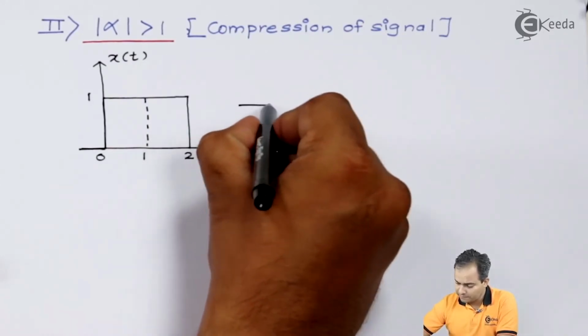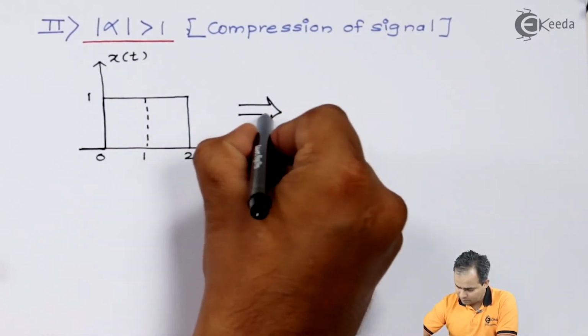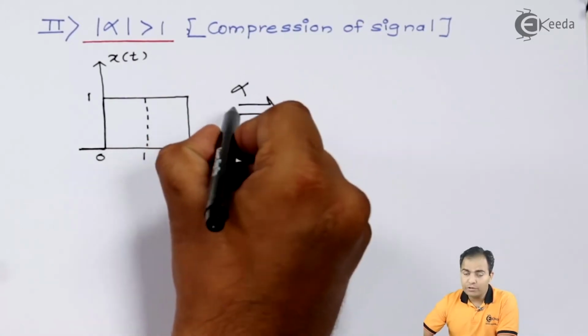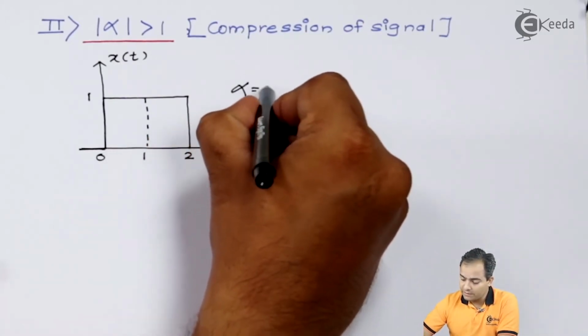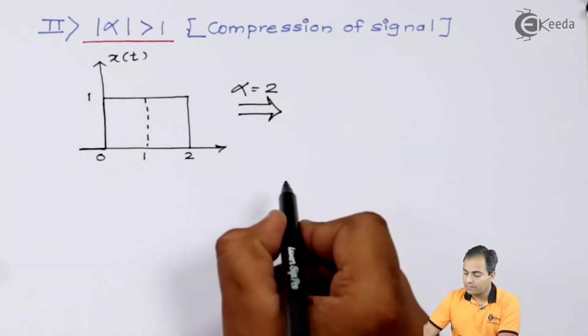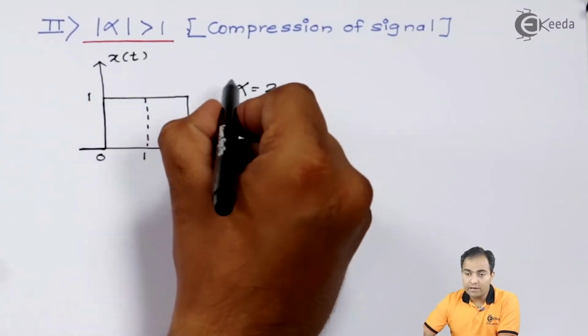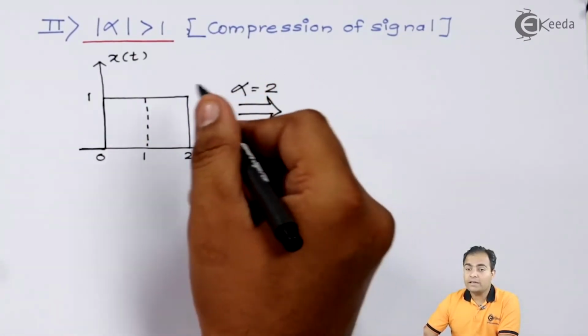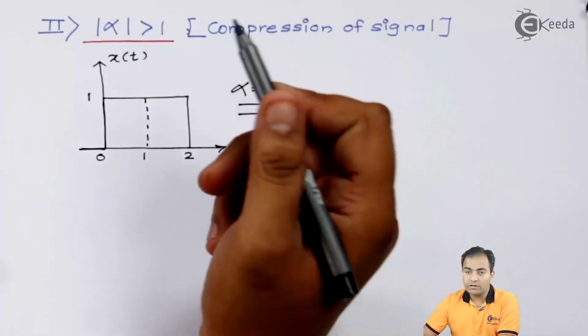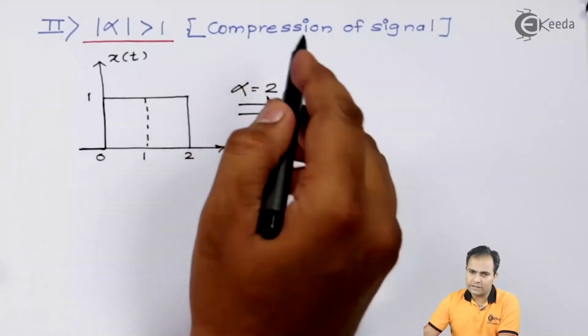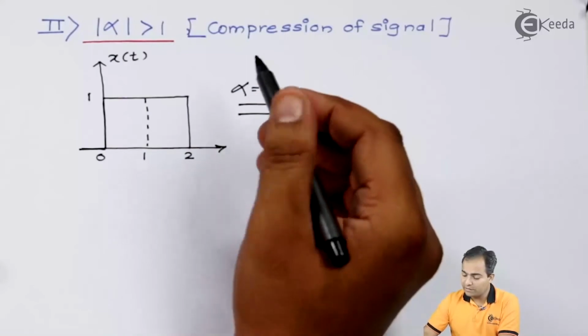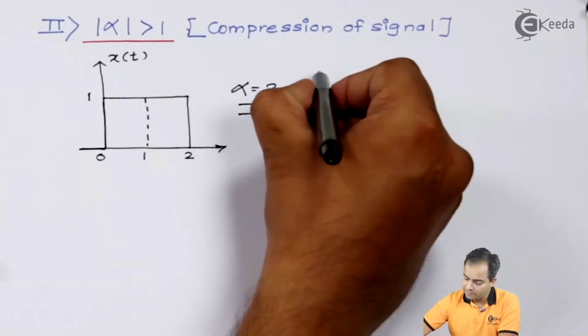Now here I'm going to choose alpha value 2. If I place alpha value 2, then what will be the result? I know that the compression of signal takes place, but how this compression will take place, that we are going to study.